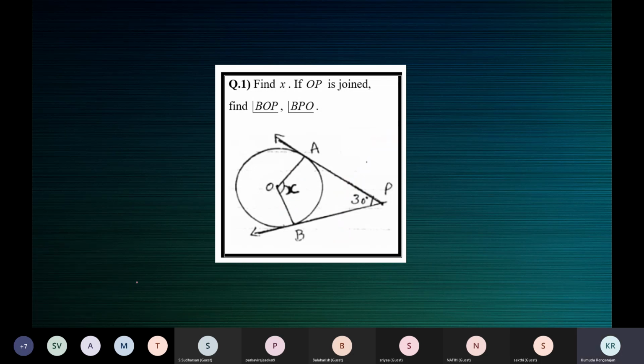Any other name you can give to this quadrilateral? It's a kite. Good. Trapezium?